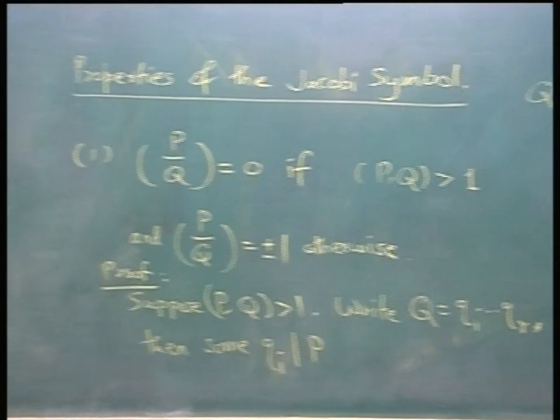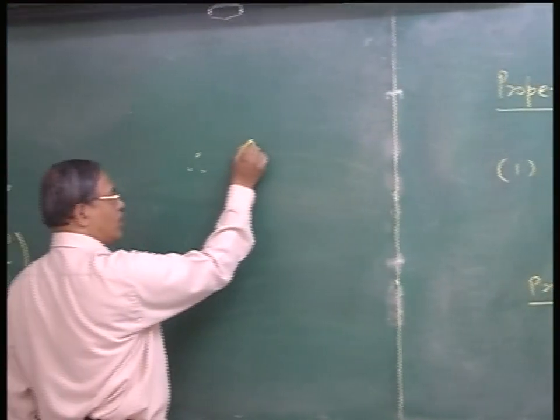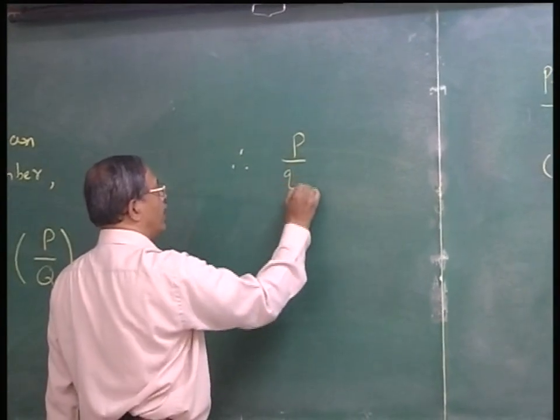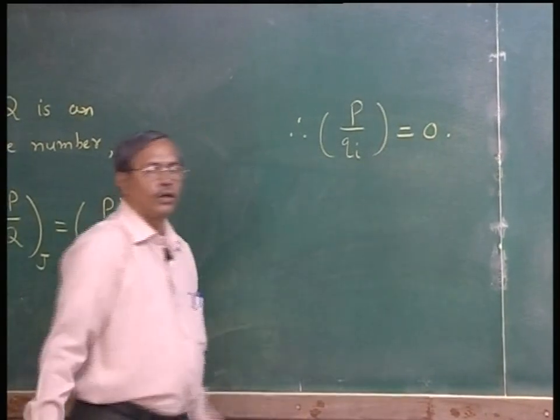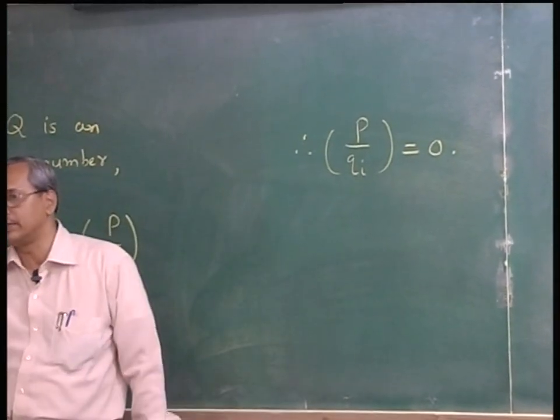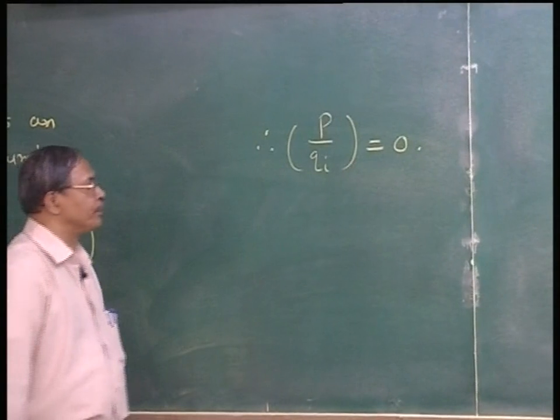Therefore, what is the value of the Legendre symbol (P/qi)? Since qi divides P, (P/qi) is 0.